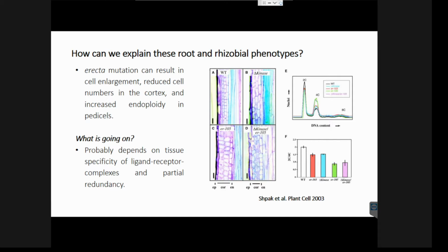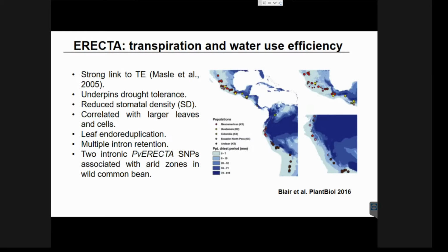But what it's probably got to do with is that you have the ERECTA family and you have lots of different EPFs interacting with this ERECTA family of receptors. So again, it could be a situational thing where in one situation an EPF does one thing and in another it does something else.